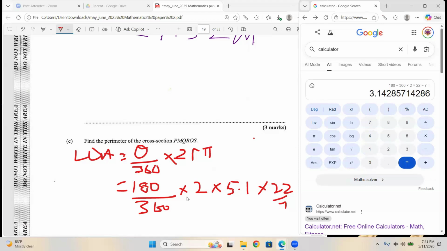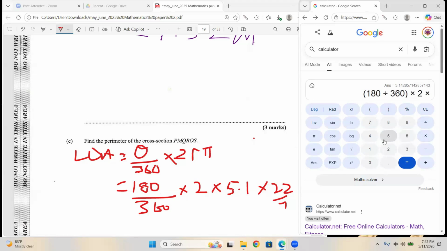What did I get there? 3 point something. Just double checking: 180 divided by 360 multiplied by 2. Oh, okay, but maths has done it to me. In this, I need to put these things in brackets, because all these multiplication signs and stuff like that are giving me a bad result. I knew it was off when I saw what I saw just now. So I'm putting the fractions in brackets.